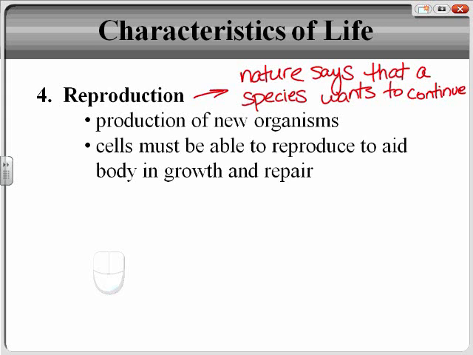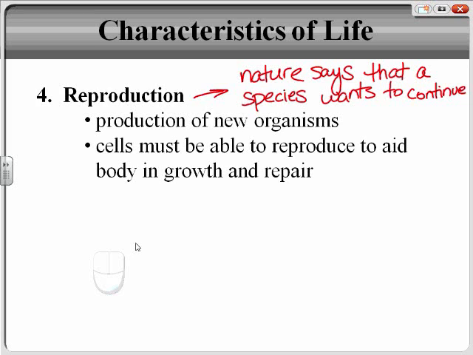Reproduction is how organisms continue on that species. The idea that the continuation depends on there being new organisms created. All right? And in order for those new organisms to be created, there needs to be the process of asexual or sexual reproduction. Obviously, in the case of humans, we're talking about sexual reproduction.